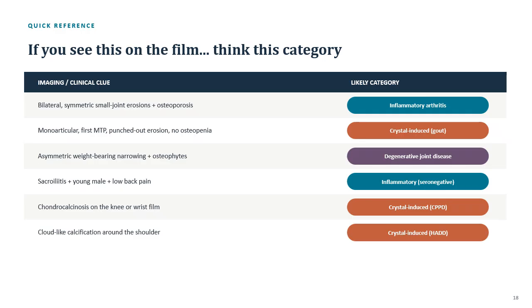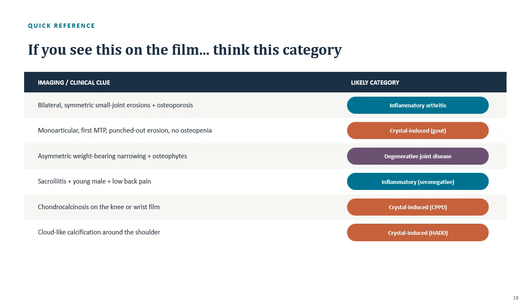Just like with chapter 8, we made a quick reference. You can use this chart as a comparison of some of the common patterns. Bilateral symmetric erosions in the small joints combined with periarticular osteoporosis should make you think about inflammatory arthritis.